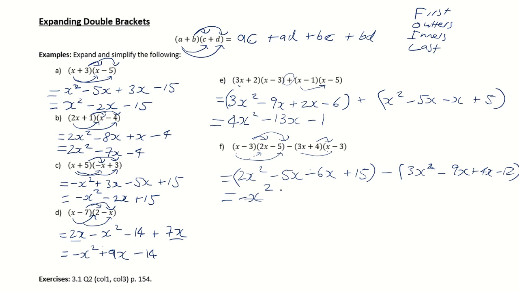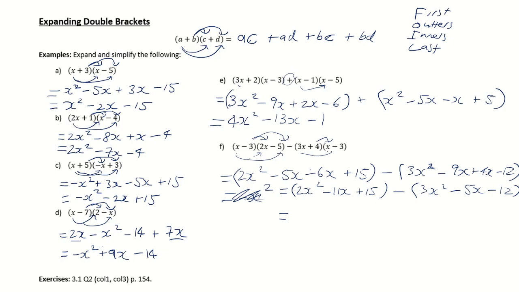Now, I might actually break this up into steps, otherwise it's going to get too confusing. So we'll have 2x squared take 11x plus 15. And then we have take 3x squared minus 9x plus 4x is negative 5x. Take 12.